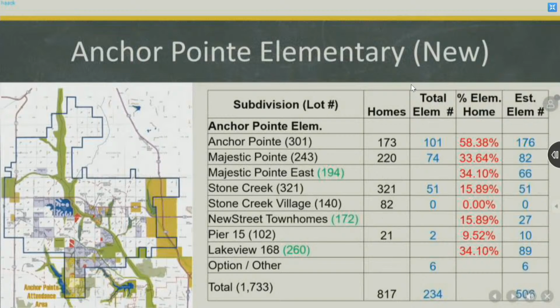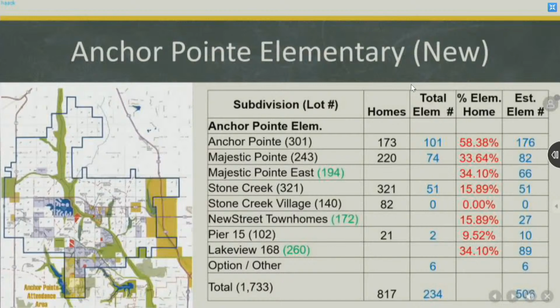Anchor Point Elementary New has these subdivisions that we're recommending to the Board of Education in terms of attendance centers. Again, there are 3 that are platted or under construction in terms of infrastructure right now. That's Majestic Point East, Newport Street Townhomes, that's in or around Stone Creek, and then Lakeview 168.